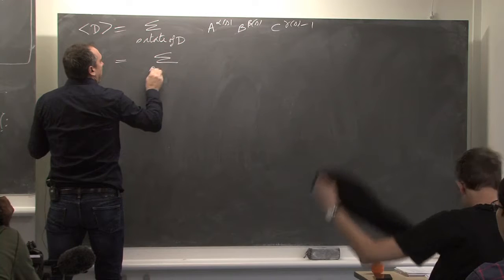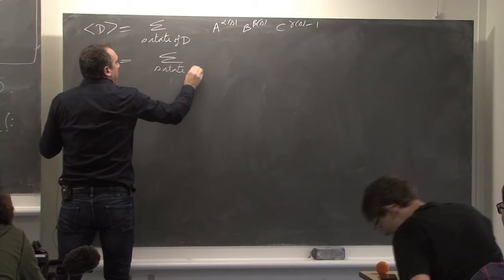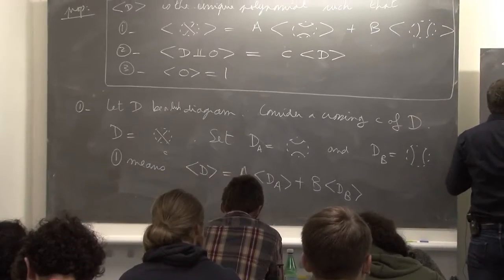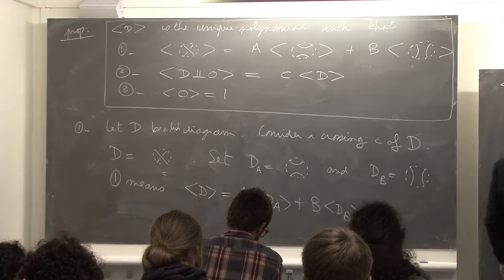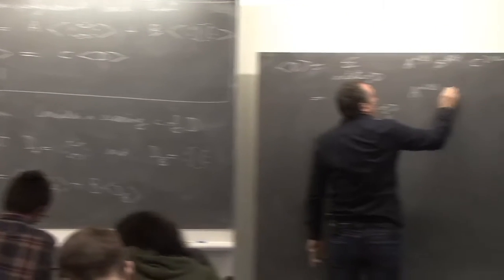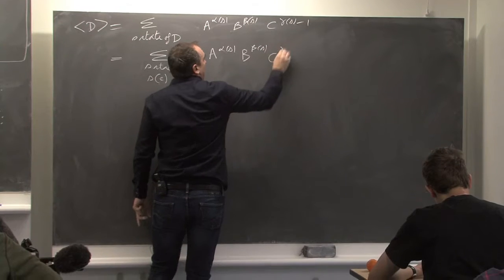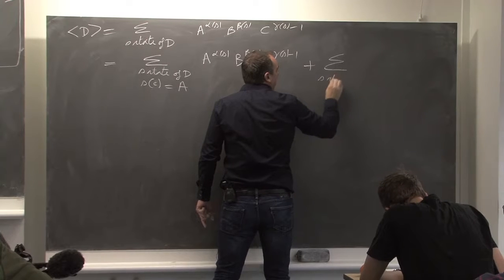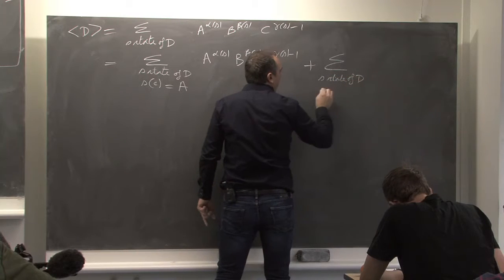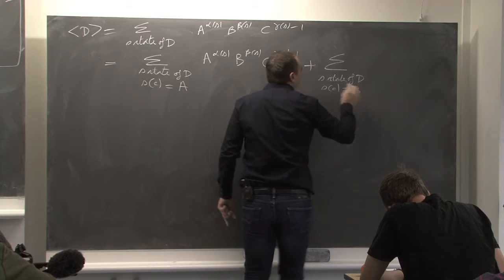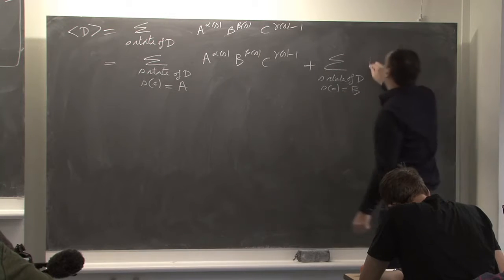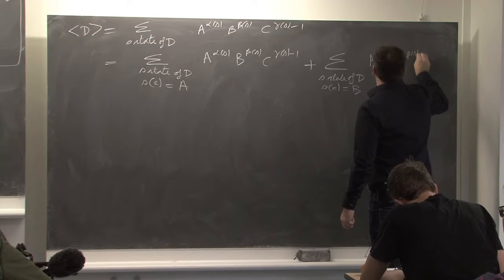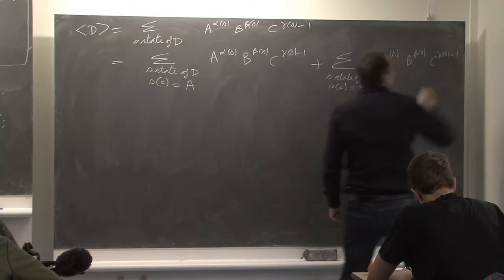The first are the states of D such that for the crossing, the value is A, plus the sum on the states of D whose value at C is B.